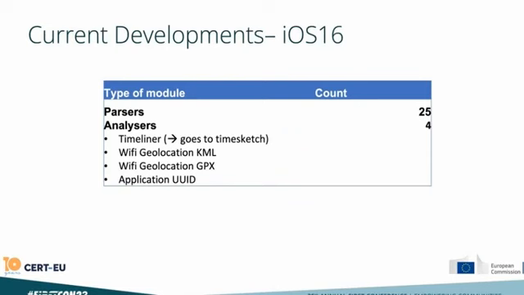So that would be a way to nicely include IOCs there. And then we have two flavors of a Wi-Fi geolocation analyzer. And we are working on an application UID one. The idea there is to track the application name or the UID, the behavior of applications across different artifacts.